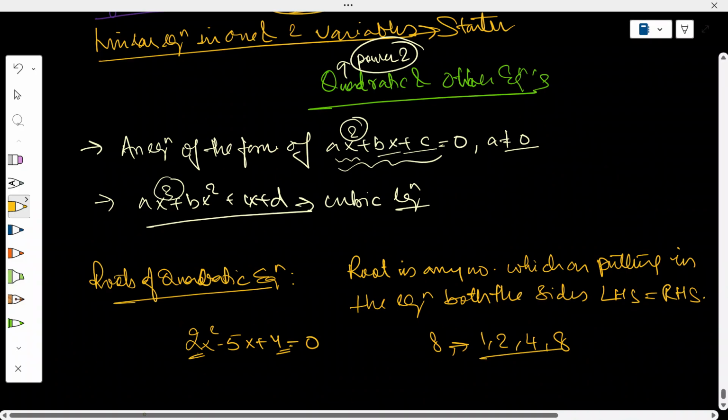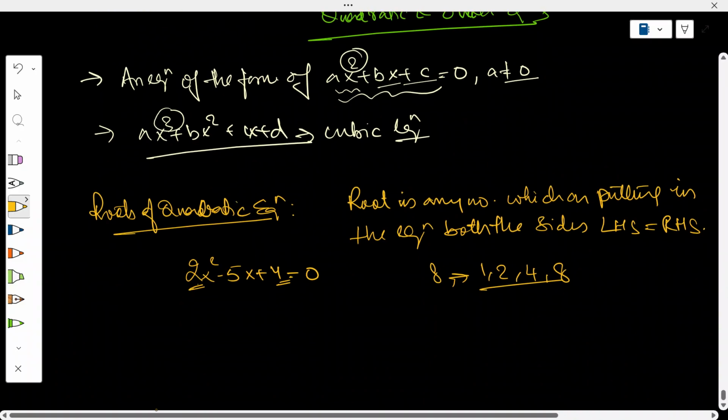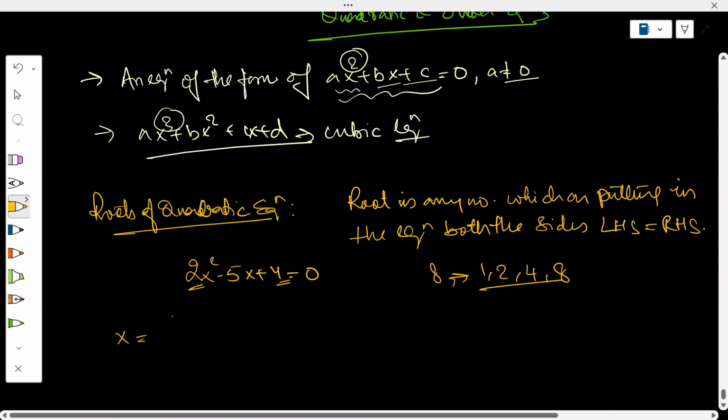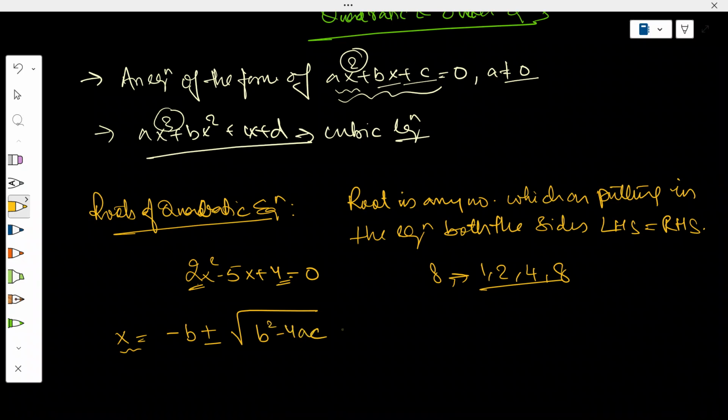So basically we can use the quadratic formula to find the value of the roots. To find the roots, let the root be x.